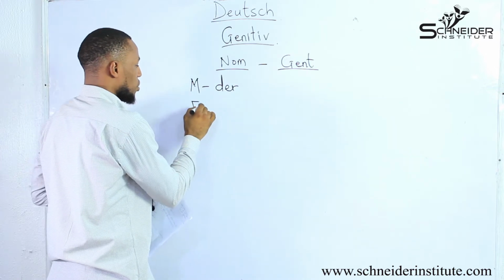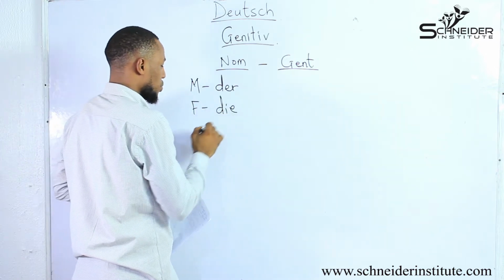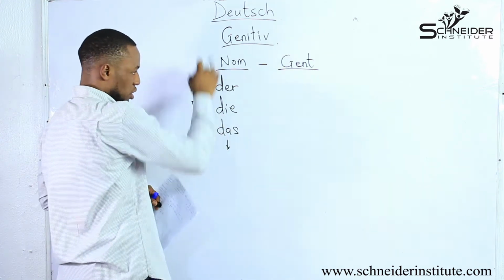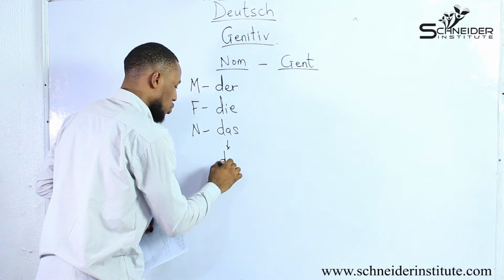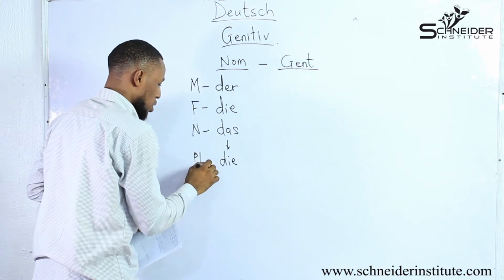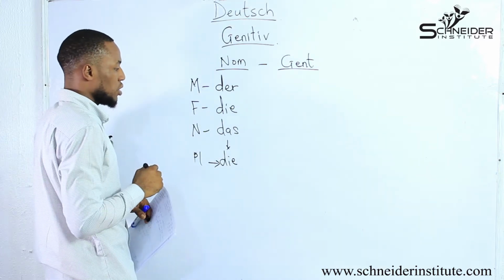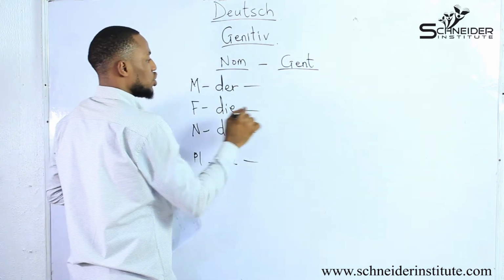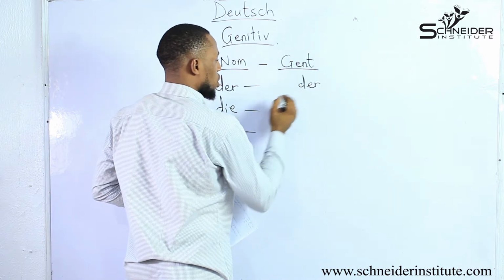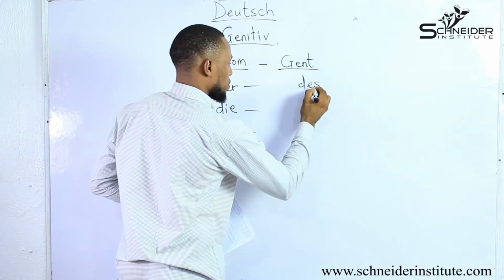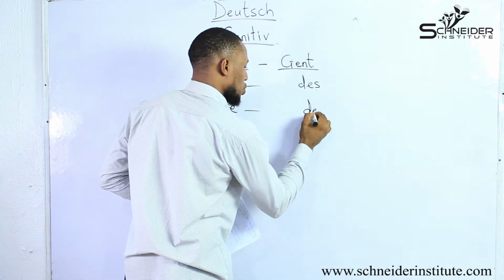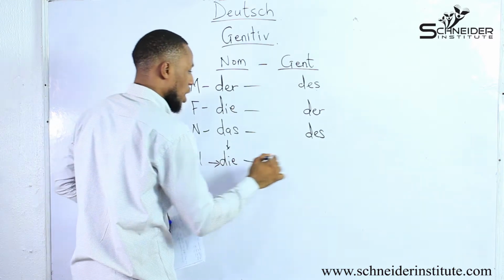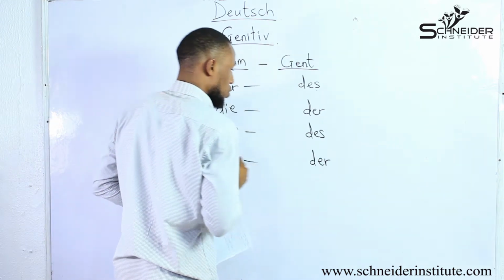The feminine goes with die, neuter goes with das, and the plural, which means any of these in the plural form, goes with die as well, just like the feminine article. Now in the genitive form, masculine changes to des, feminine changes to der, neuter changes to des, and plural changes to der.